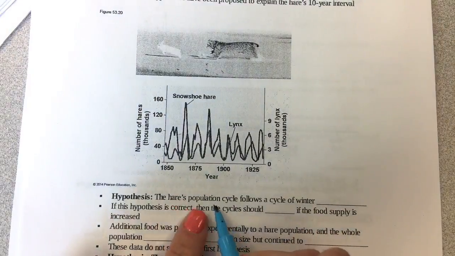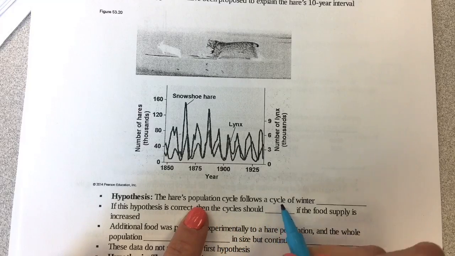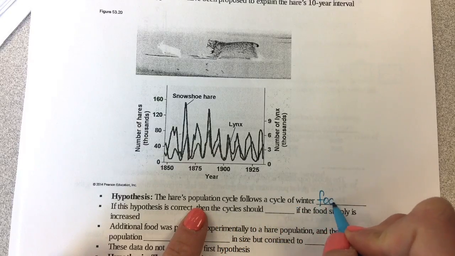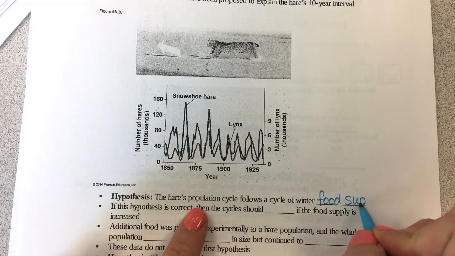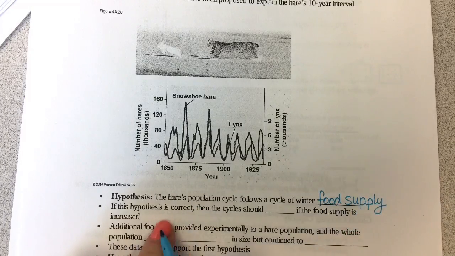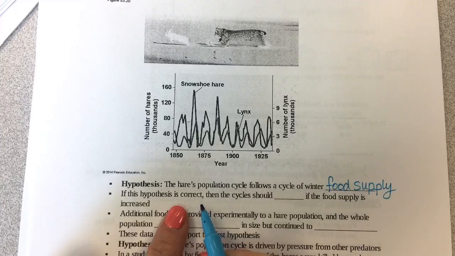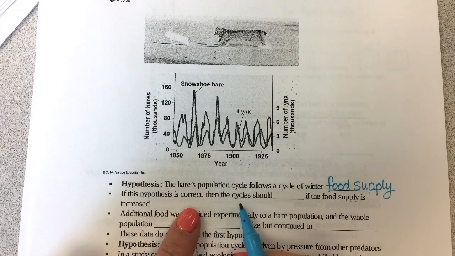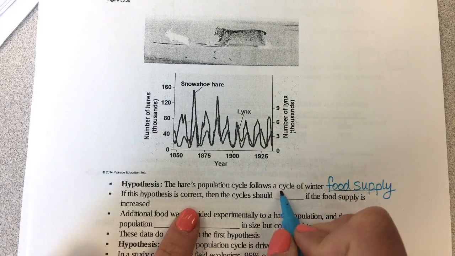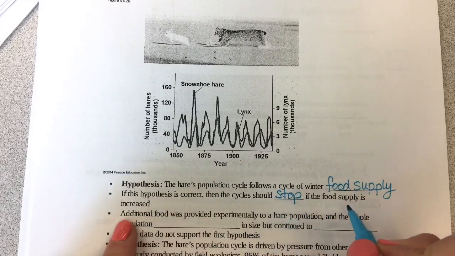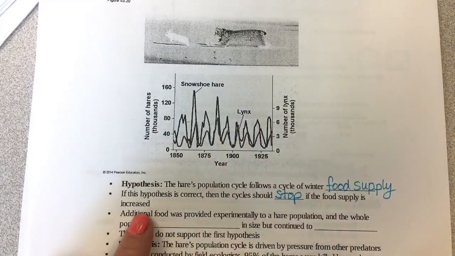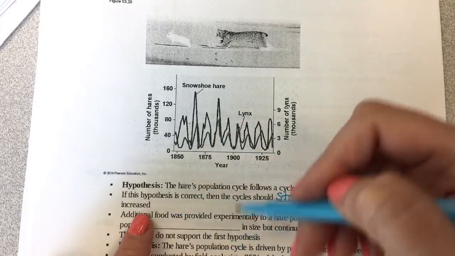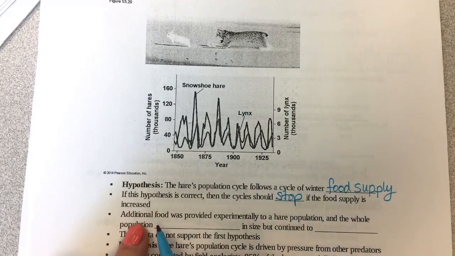So the first hypothesis is the hare's population follows a cycle of winter food supply. And if this hypothesis was correct, then the cycles should stop if the food supply increased. You wouldn't see that bust part, all right? So you wouldn't see that 10-year boom and bust.